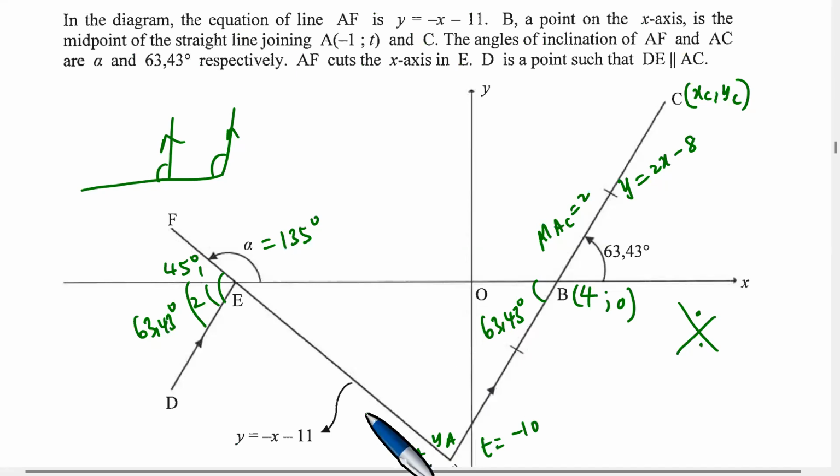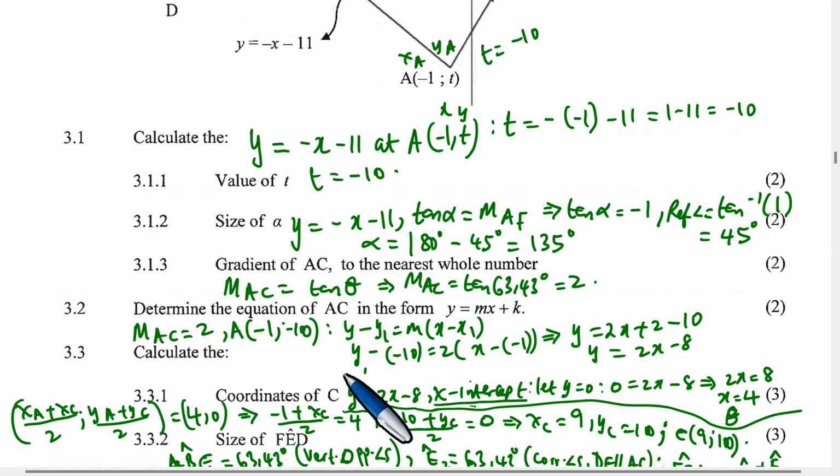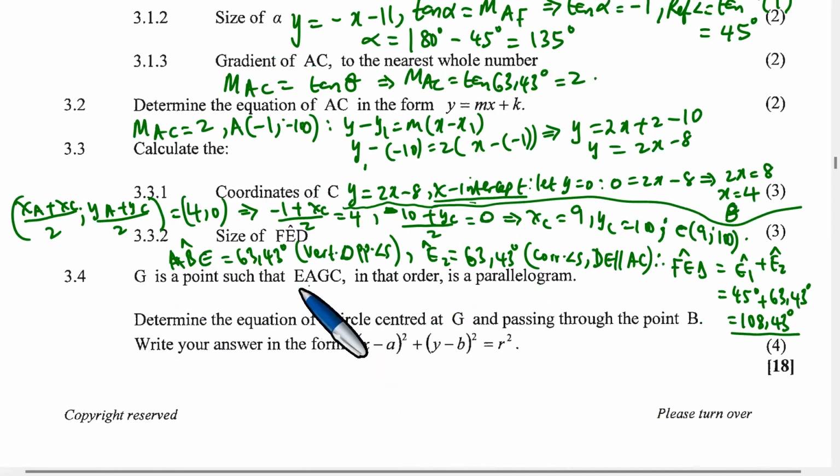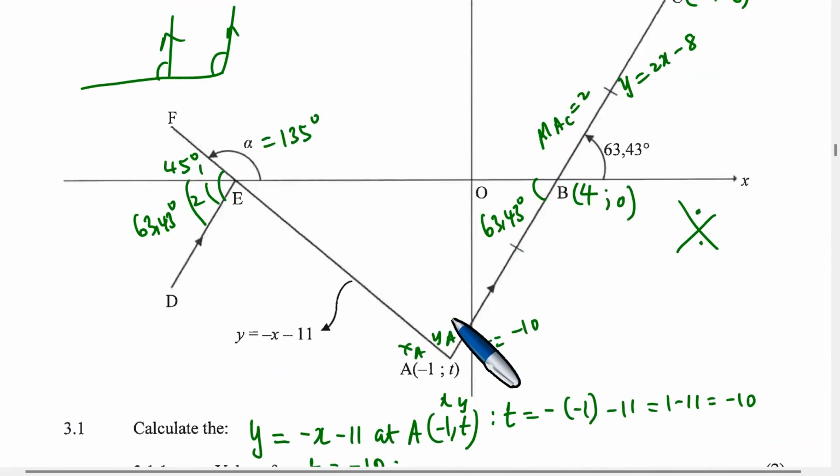Right, so what is the next thing to be done at this point? So there's a point G such that EAGC, let's look at that, EAGC.